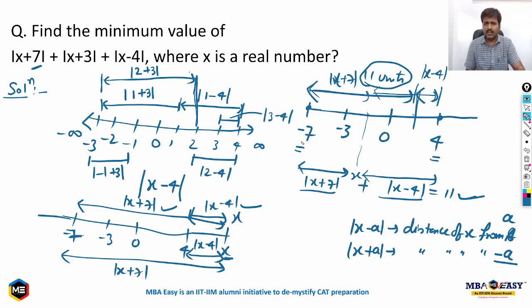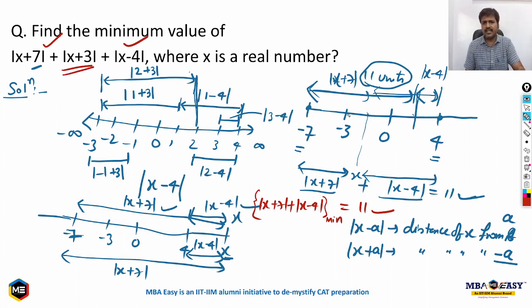So हम कह सकते हैं कि mod of x plus 7 plus mod of x minus 4, इन दोनों का मिनिमम will be 11 at any point between -7 and 4. If I take a point beyond 4 or beyond -7, my sum will be more than 11. So इन दोनों का तो मिनिमम मिल गया, x plus 7 और x minus 4. अब किसका बच रहा है? x plus 3 का.